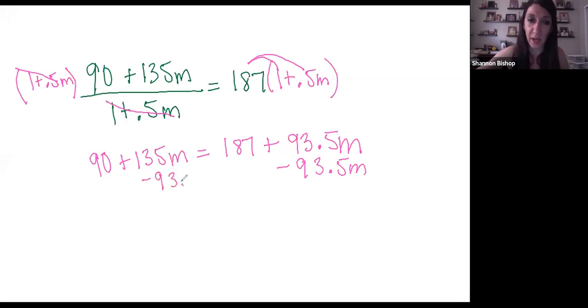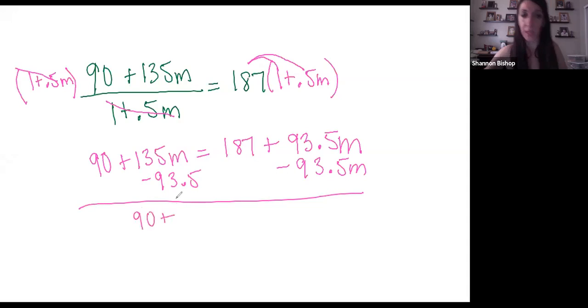Just pick a side and go for it. So now on the left, we'd have 90 plus 135 minus 93.5. 135 minus 93.5 is 41 and a half. 41.5. Those are my M's. Equals 187 is still there. That has canceled out.